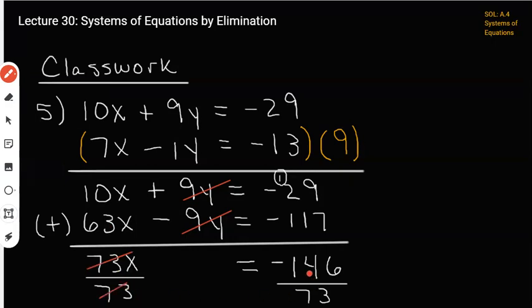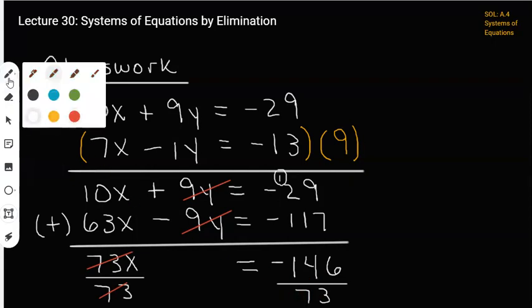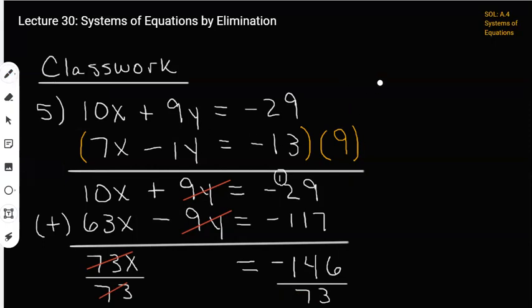And on the other side, I have negative 146 divided by 73. That's going to give me negative 2. I'm running out of space, so I'm going to do it on the right side. I get x equals negative 2. That's going to be my answer for the x value.